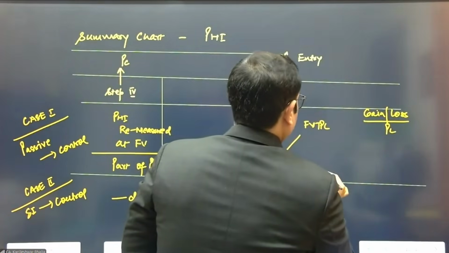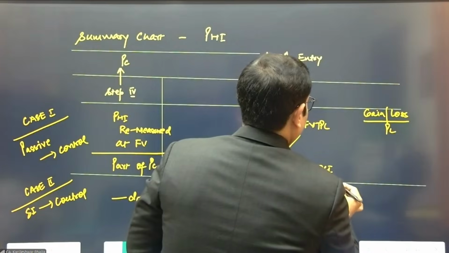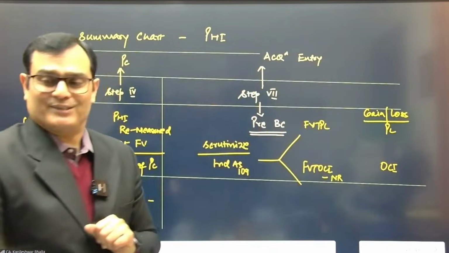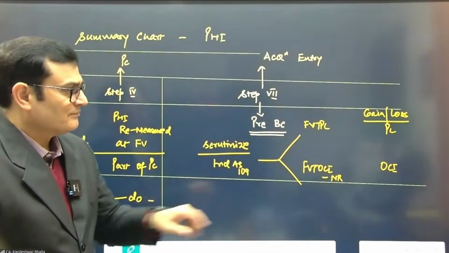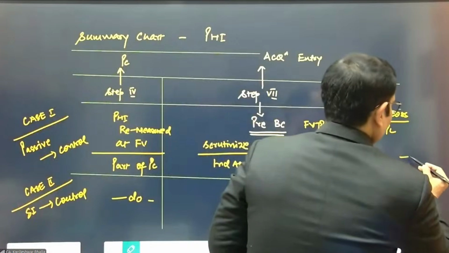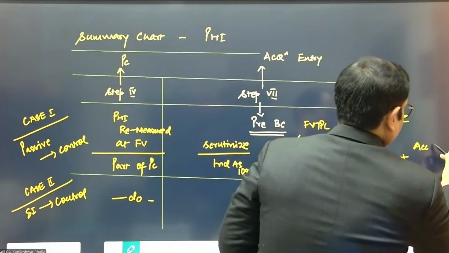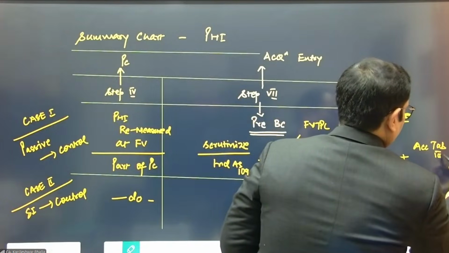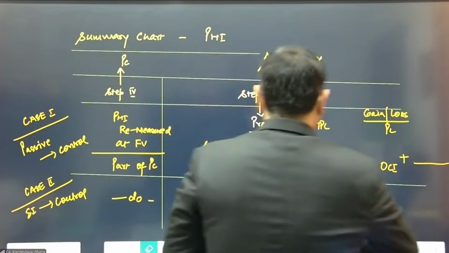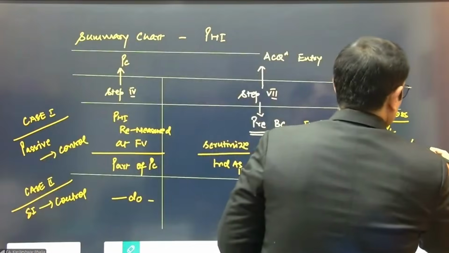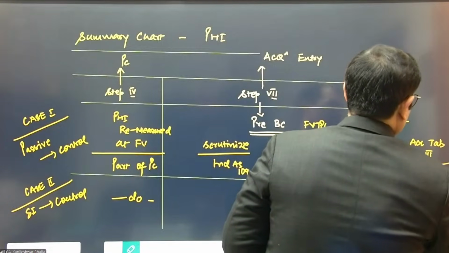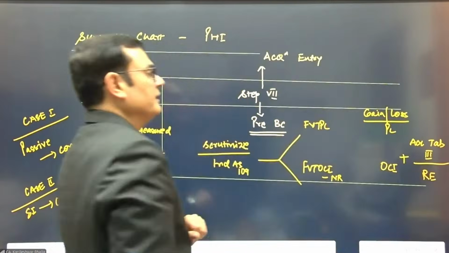If it is FVTOCI, that is NR, then the gain or loss will be in OCI. Anything else? Transfer to retained earnings. Yes, whatever is the accumulated balance in tab 3 will be taken to RE, with no scrutiny.